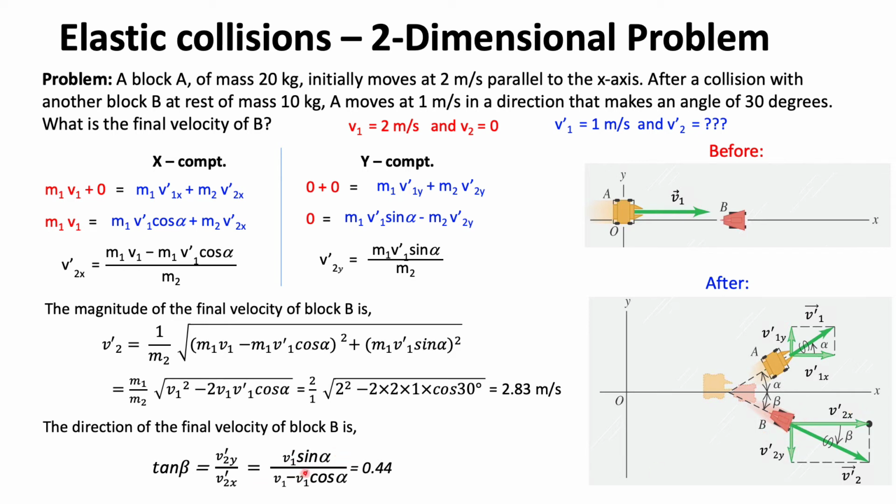Okay, so that's v1 prime sine alpha divided by v1 minus v1 prime cos alpha. Okay, note that the mass terms cancel away very easily here. So plugging in these values, we get tan beta as 0.44, which is nothing but 23 degrees.